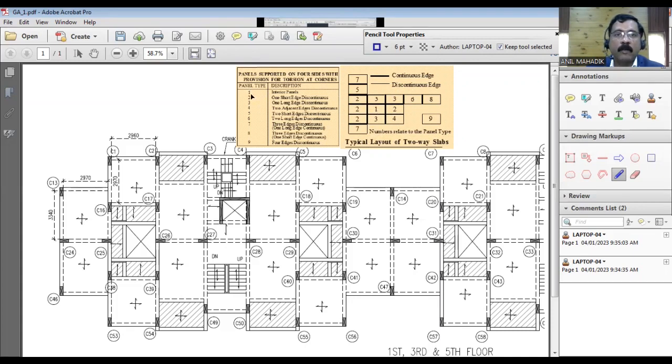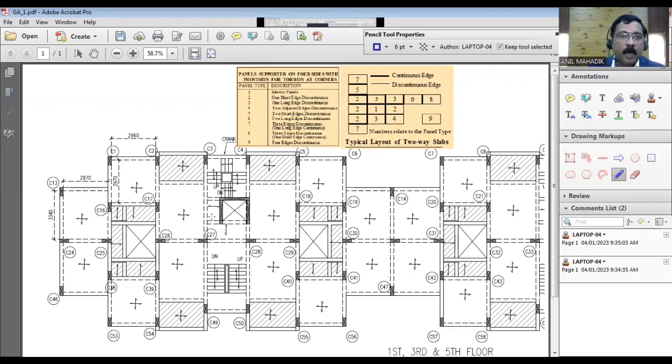Case number 1 is interior panel. Then case number 2 is one edge discontinuous. In case 2, this is the discontinuous edge, one short edge discontinuous, and all the other edges are continuous. In this way, we can define the boundary conditions.